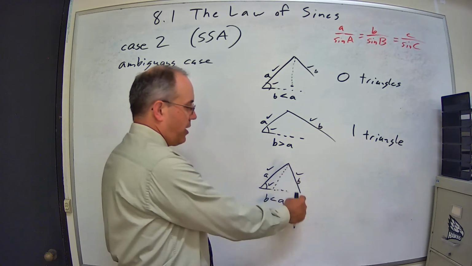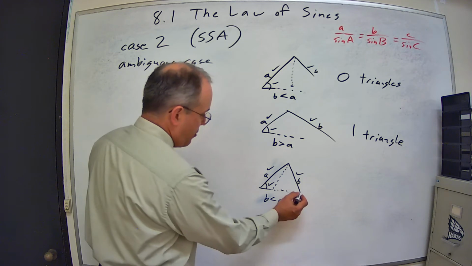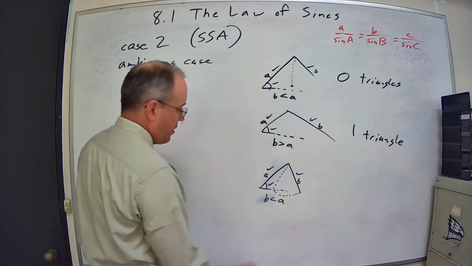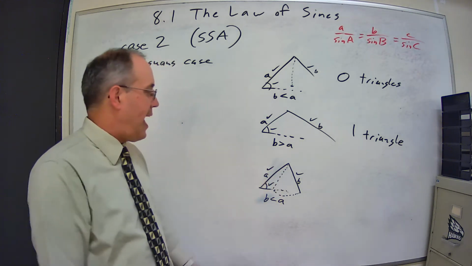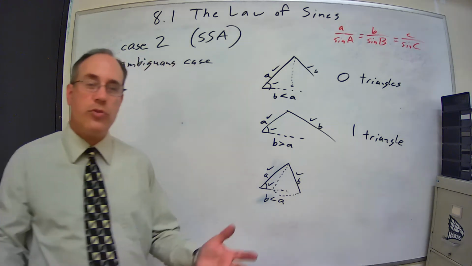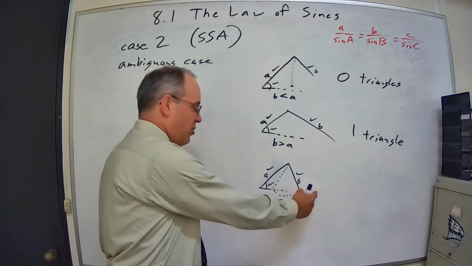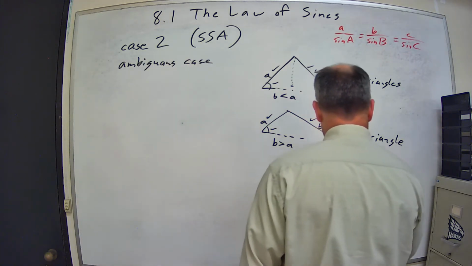We just know the length is, and if you think of it as a pendulum, it can swing back and forth, and if it's shorter than A, it can cross this line of who knows what length in two different spots. Therefore, we can have two triangles.